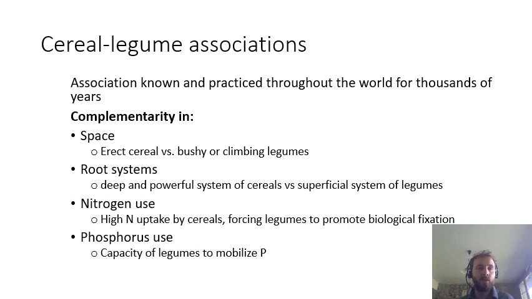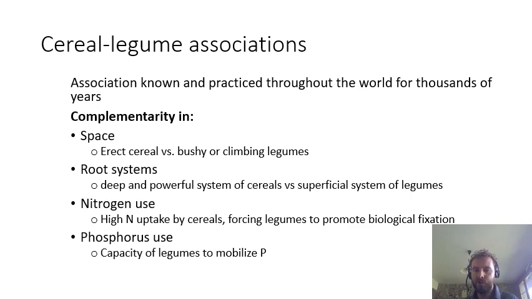So why is that? Firstly, because of the complementarity in space. Cereals are erect while legumes are mostly bush or climbing. The root system is complementary. Cereals have a powerful and deep root system, while legumes have a superficial, shallow root system.